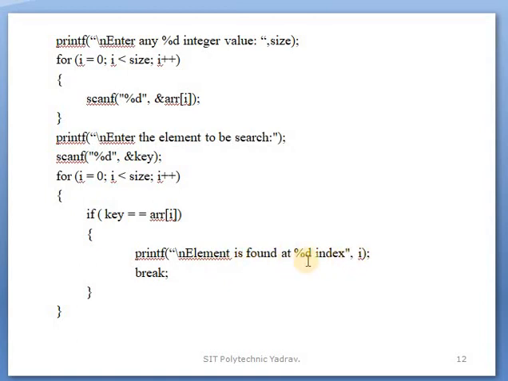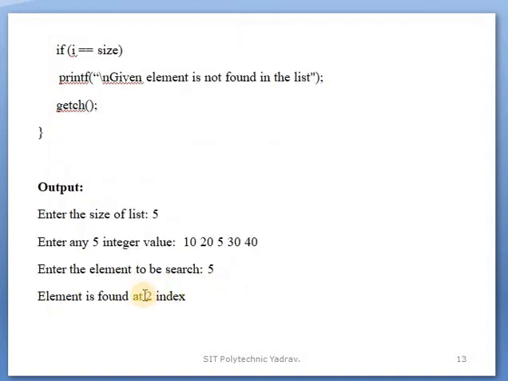Here %d is for the index, and 2 is displayed because the number is at the second position, with indexes 0, 1 and 2, stored in the array. So this displays the second index. Okay, through this program in C language we execute the linear search technique, that means the linear search method.